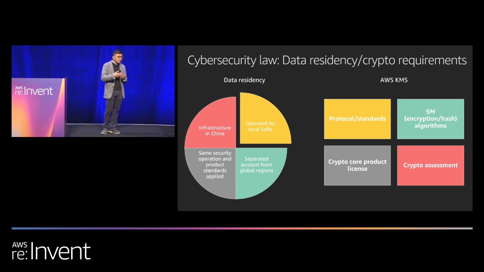You may know we designed it the same way, right? Data that you store in the regions does not leave the region unless you choose to do so. So any data that you choose to put in Beijing region or Ningxia region would never leave that region. That means it will never leave the shore of China unless you choose to do so. So that, by default, helps you meet the China residency requirements.